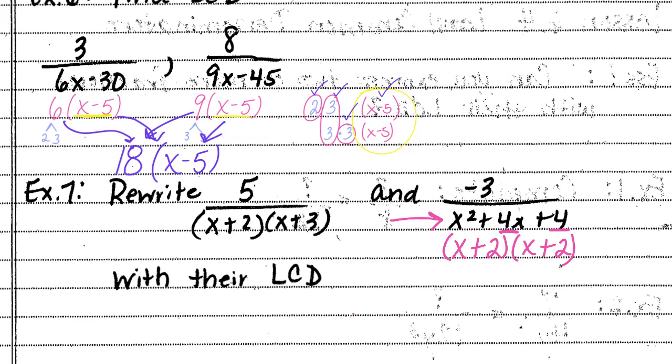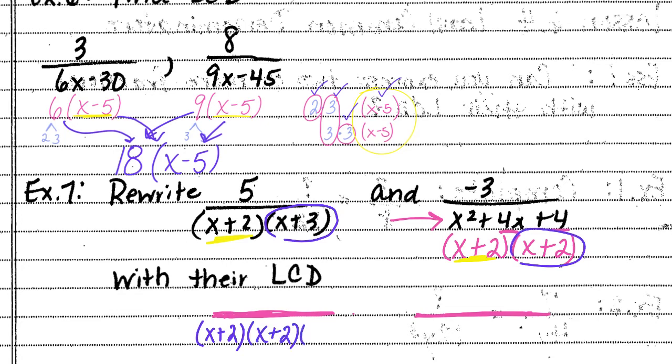So let's talk about what our least common denominator is. I'm going to draw 2 vinculums here. Okay, the thing that we have in common is we have 1 x plus 2 in common. Do you see that? So we know that we have to have 1 x plus 2. Now, we still have an x plus 3 and an x plus 2, so we need those as well.